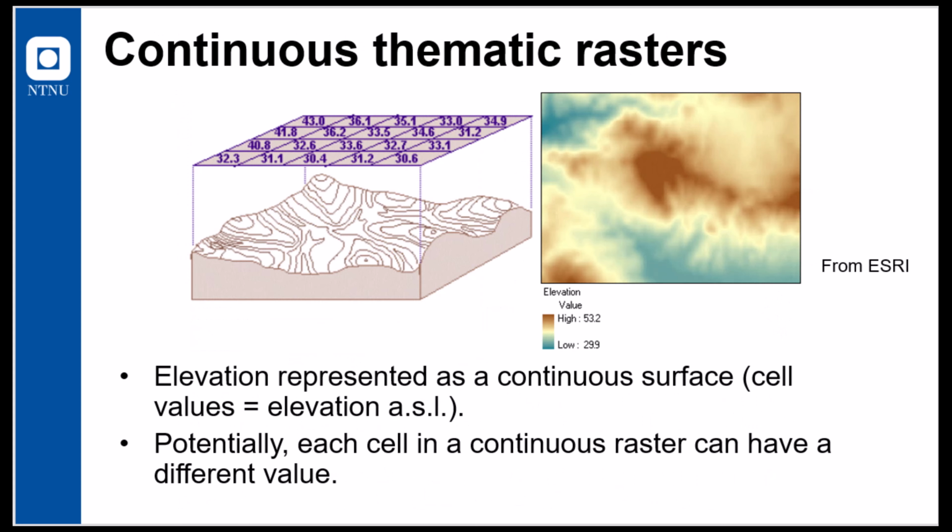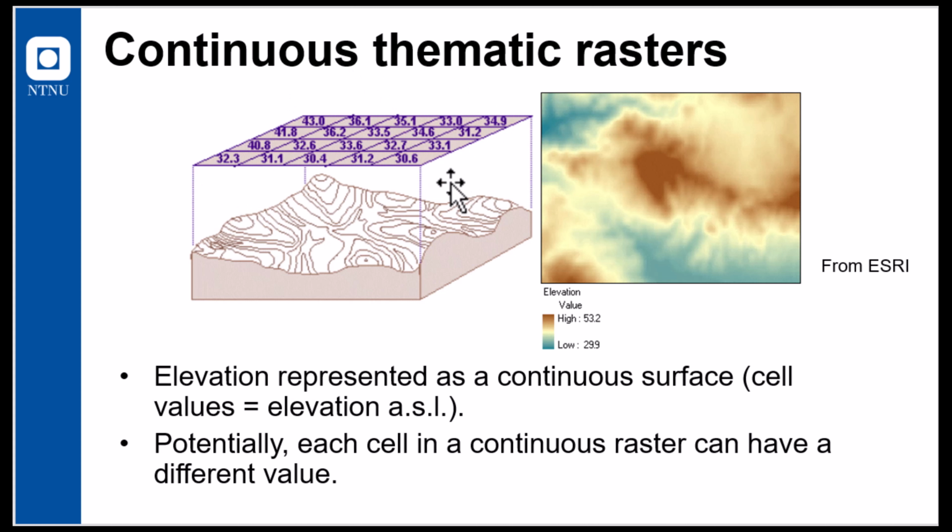More common for thematic rasters is that they represent a continuous phenomenon. Continuous data, for instance surface data, represent geographical phenomena that can vary at every location, such as elevation, temperature, etc. And here we do not have integers. Normally these are float values with many decimals.